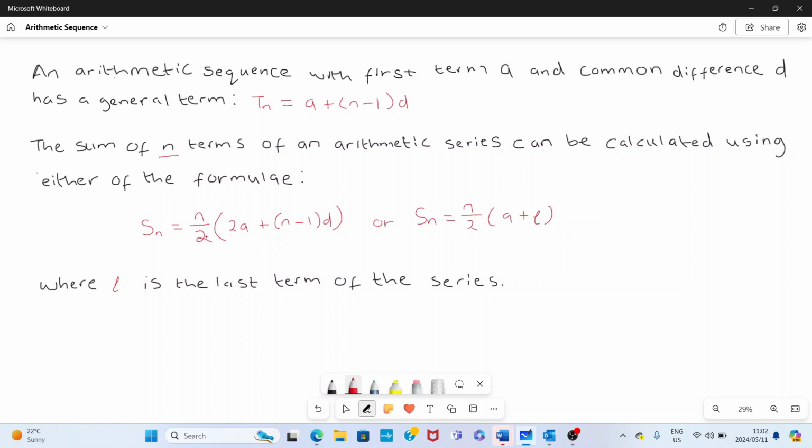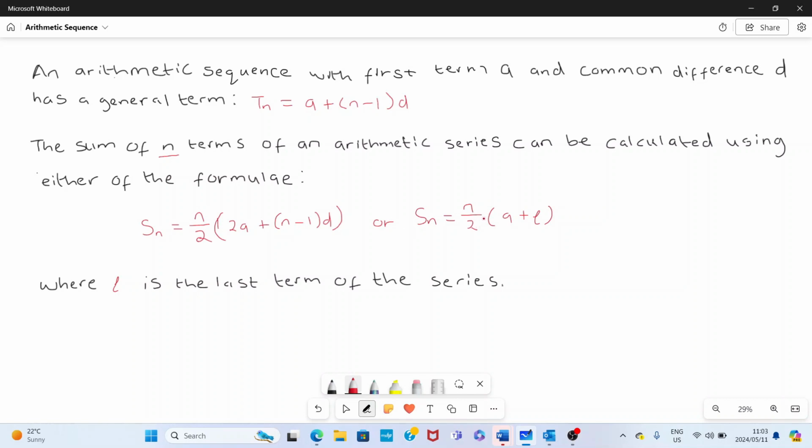You would use this one when you have the first term and the difference, so then you are able to find whatever nth term you need. You can substitute n for that value, or you can use this one.